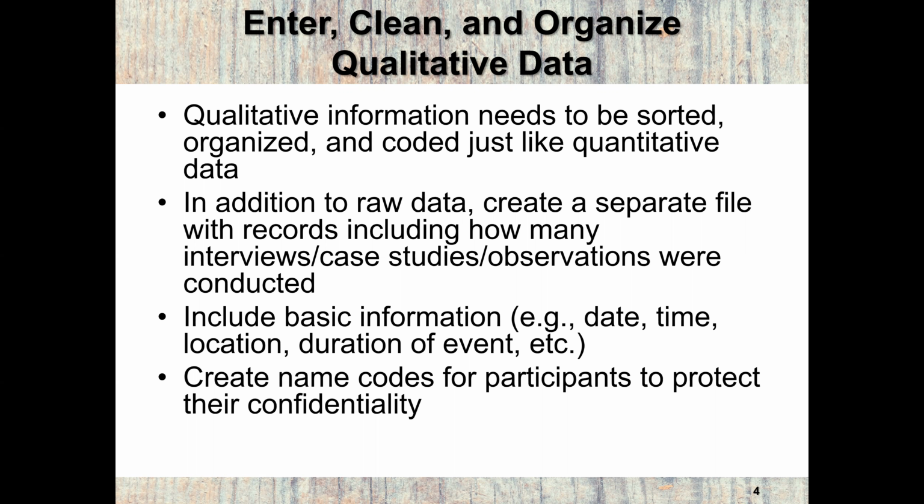We need to create codes for participants to protect their confidentiality. Even a very simple one would be a code where 1 means female and 2 means male, or 0 means you don't have the case and 1 means you have the case, or you tested positive or negative for, let's say, a disease or any study outcome.